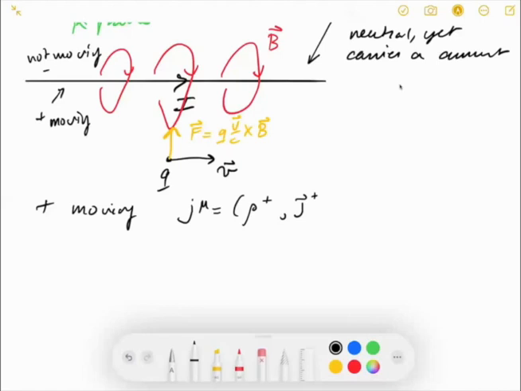Actually, let me use subscripts, because otherwise we're going to run into collisions with our quadrivariants. Okay, so the positive charges are moving, and the negative charges are not moving. So that means that J minus mu is rho minus, but it is not moving, so that's 0.